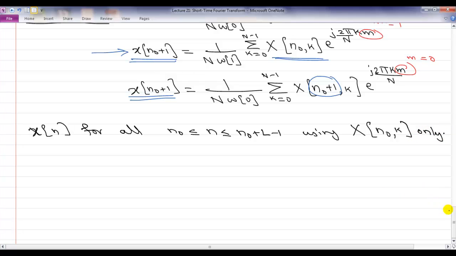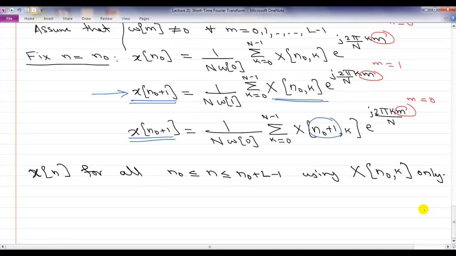Rather than going to x of n naught plus 1, x of n naught plus 2, x of n naught plus 3, and so forth, I could simply recover all values of my samples in this range by incrementing little m in that formula.